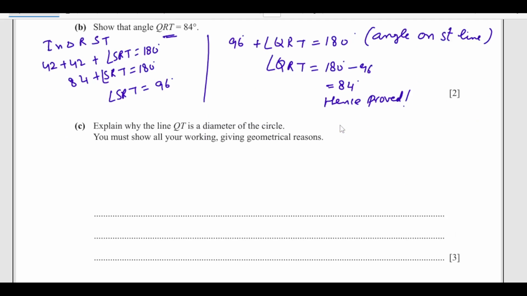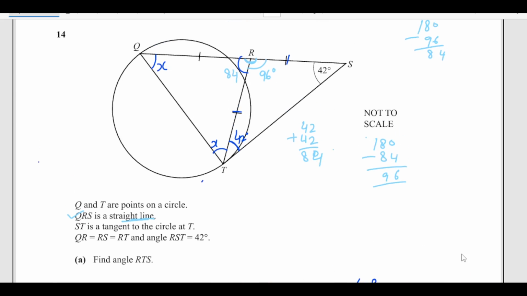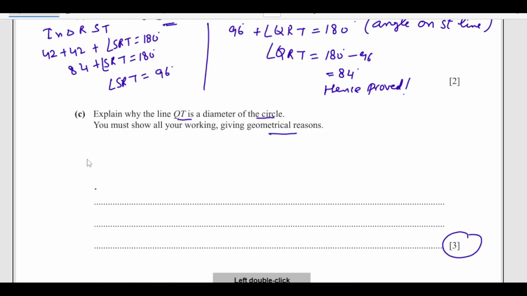Now explain why the line QT is a diameter of the circle. You must show all your working and give your geometrical reasoning. So you see this is a 3 marks question, so you have to write down everything. As you see, in triangle QRT, we have x plus x plus 84 is equal to 180.